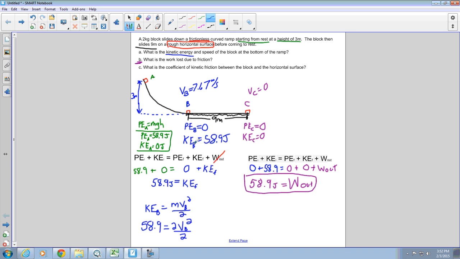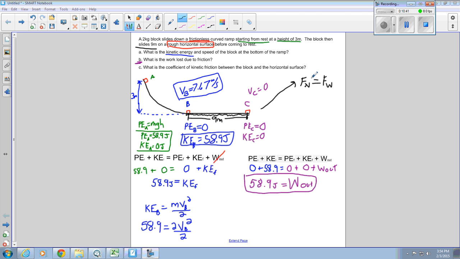Part A, we solved before. Here's the answers for part A. Kinetic energy at B, and the velocity at B is up here. So last thing we need to do is figure out what the coefficient of friction is between the block and the horizontal surface. And what's nice is that this is a flat surface, so we've got a situation here where force normal equals force weight.